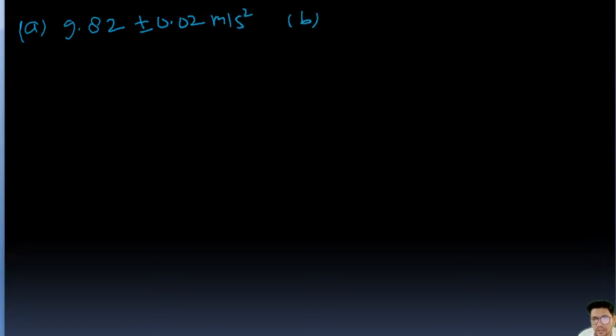Option B is 9.8215 plus minus 0.02 meter per second square.